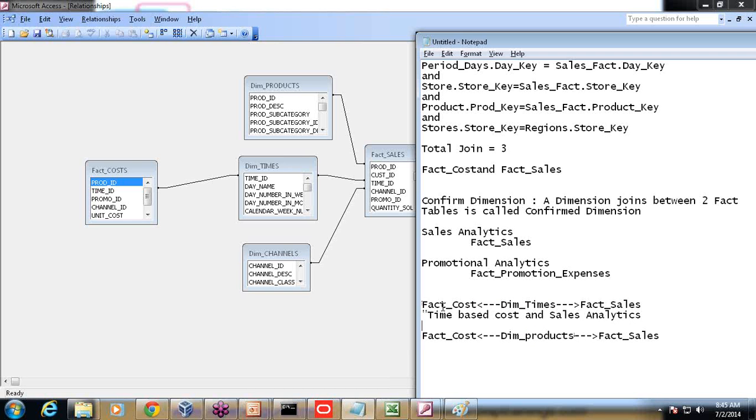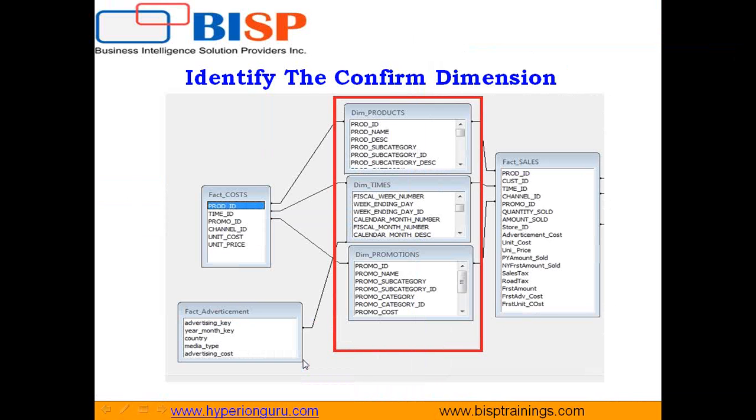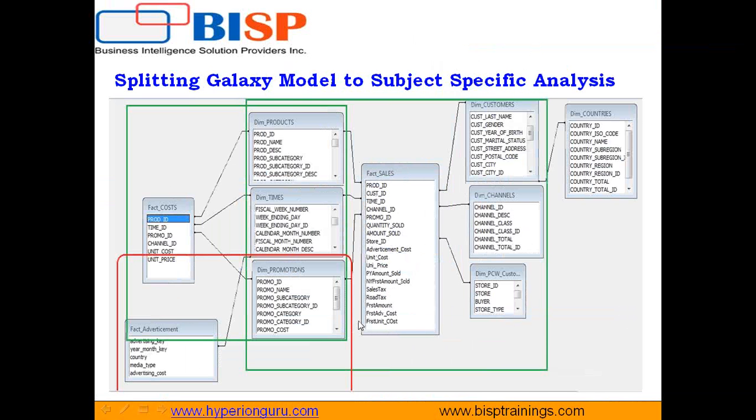The functional meaning is completely changed, and the data which you pull from the system will also change. So it's a difficult job to identify the right confirmed dimension. The model could be more complicated than the one I described.